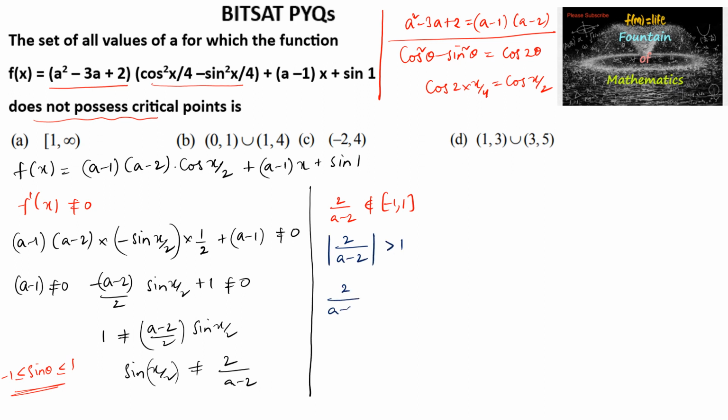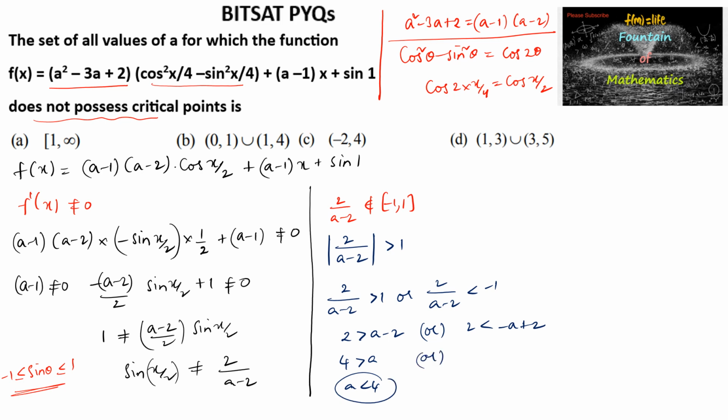That is 2/(a − 2) is greater than 1, or 2/(a − 2) is less than −1, or 2 is greater than a − 2, or we can write 2 is less than −a + 2, or we can write 4 is greater than a, or a is less than 4, or here we can say a is greater than 0.